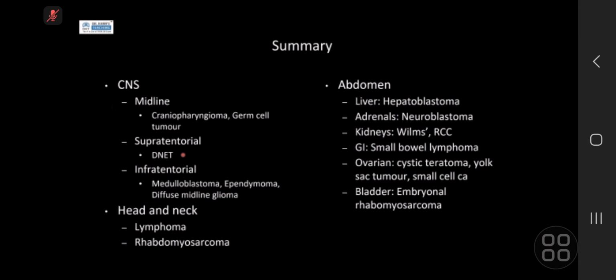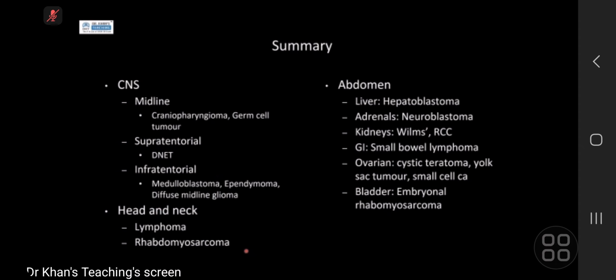You've got your DNETs, a cortical-based epileptogenic tumor. The differential would be a ganglioglioma, and your infratentorial tumors, so your medulloblastoma, your ependymoma, which is more plastic, so it extrudes through all the different foramina, and then your diffuse midline glioma, which is often centered in your brainstem in a pediatric setting. Head and neck, think of your lymphoma and rhabdomyosarcoma.